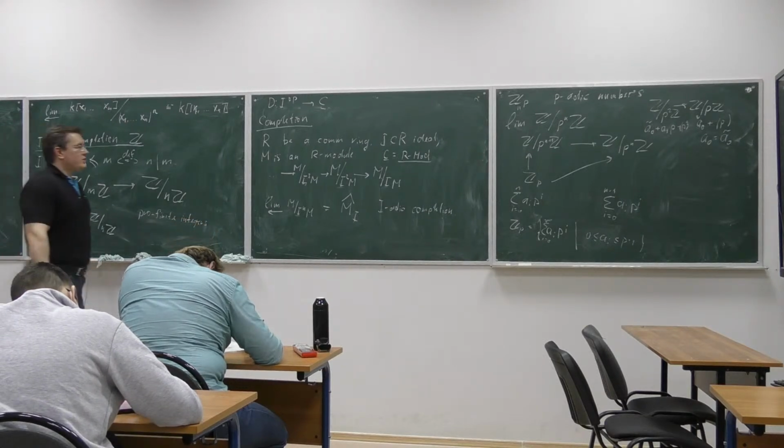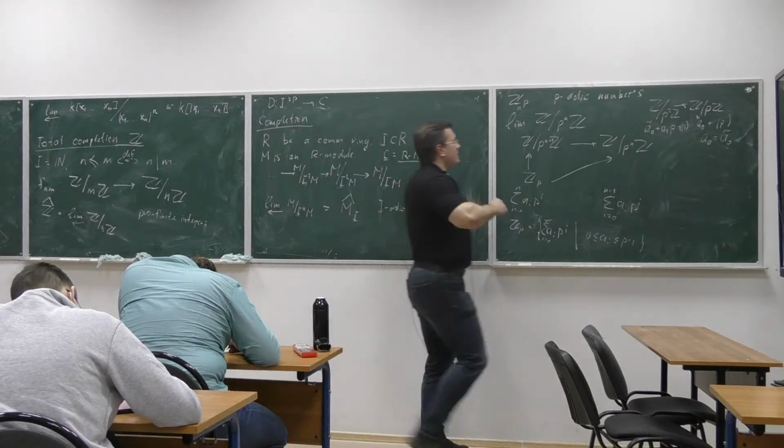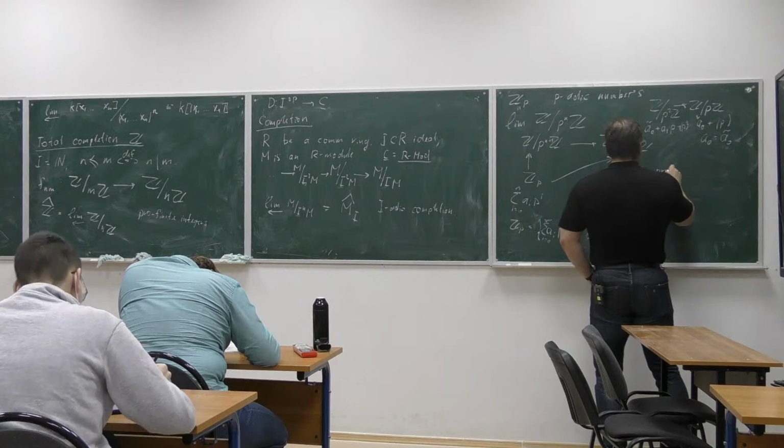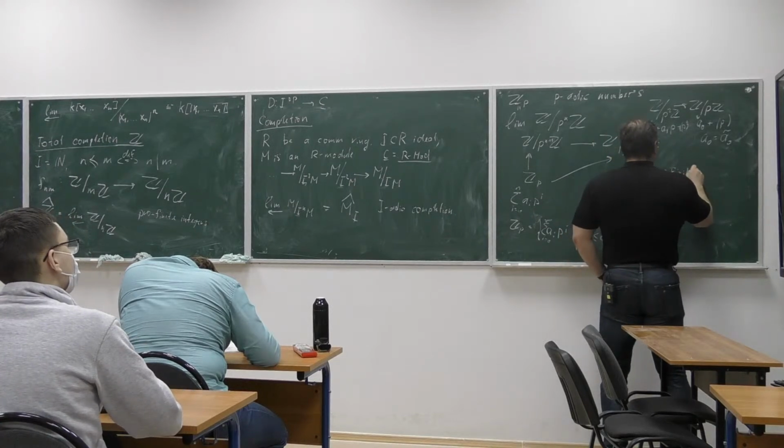And the completion in general, for example, if you go back to the p-adic numbers, this is an example of a profinite group.